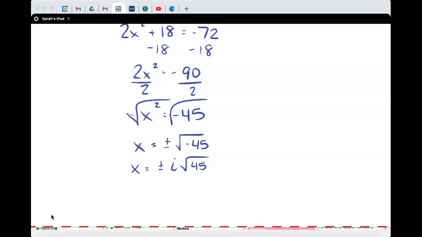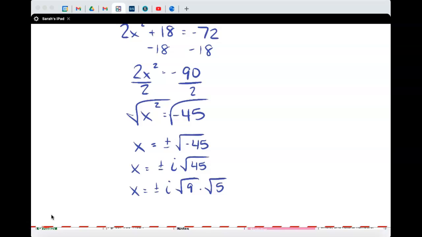Perfect squares like 4, 9, 16, 25, 36, 49. 9 and 5. So I can rewrite the square root of 45 as the square root of 9 times the square root of 5, using the product property.